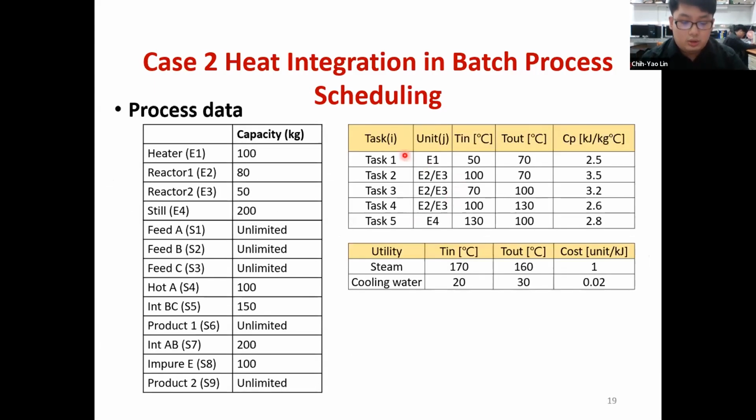Here is essential process data for case 2 scheduling and heat integration: capacity, task, and utilities. We could see E2 and E3 suitable for task 2, 3, and 4. So we need scheduling to find the maximum product.